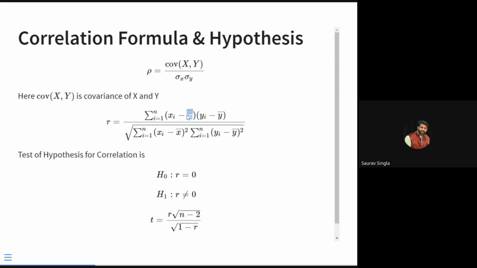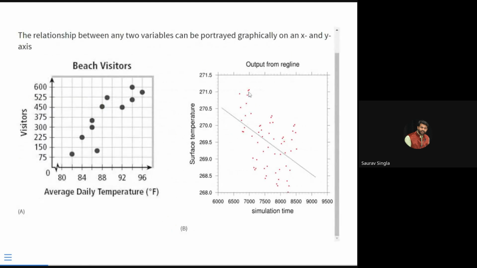x bar represents the mean of x, y bar represents the mean of y, (xi minus x bar) multiplied by (yi minus y bar). That means we have coupled values.